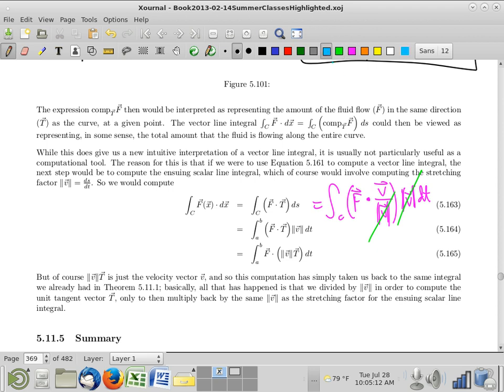You might as well just compute the integral of F dot v dt in the first place. In other words, most of the time, if you're going to do a plug and chug directly from a parameterization computation, that old formula is really better. And this is make work. Everybody see why it accomplishes nothing to do it the other way?